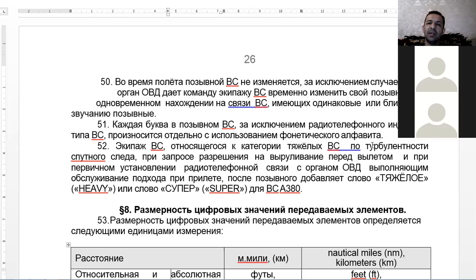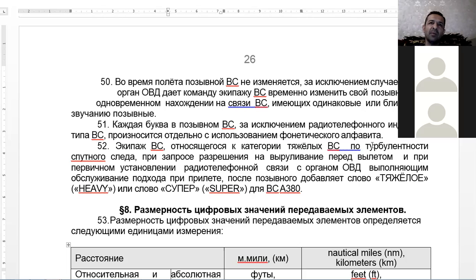According to separation minimum, for example, after a heavy in the takeoff and landing area, it should be 10 kilometers instead of 5 kilometers, or in minutes. Takeoff after an Airbus 380 usually requires more than 4 minutes.